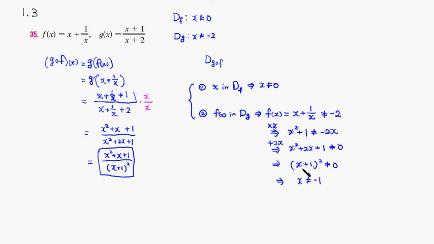Now we have to combine these two conditions: the one we found earlier, x cannot be 0, and also x cannot be -1.